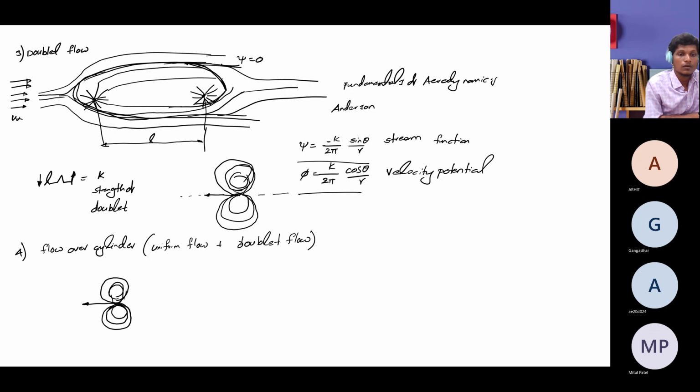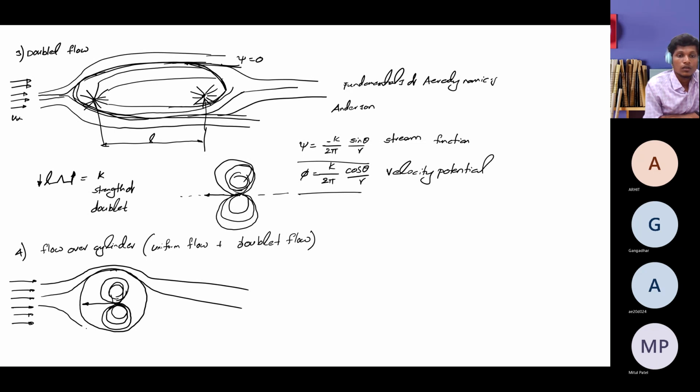Okay, and you are impinging, or you're allowing a uniform flow through this. Those streamlines will create a zero streamline.